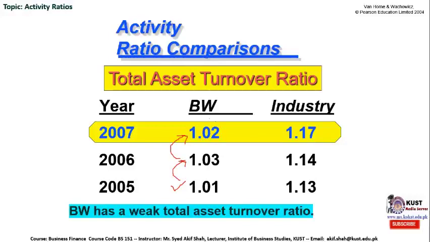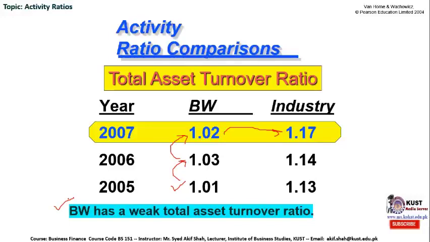Now we cannot make any conclusion on the basis of past experience because the company has an average kind of asset turnover ratio, but by comparing it with the industry benchmark, which is 1.17, we can conclude that Basket Wonder is performing poorly on its total asset turnover, as mentioned beneath in our inference as well, because this is significantly lower than the industry average.